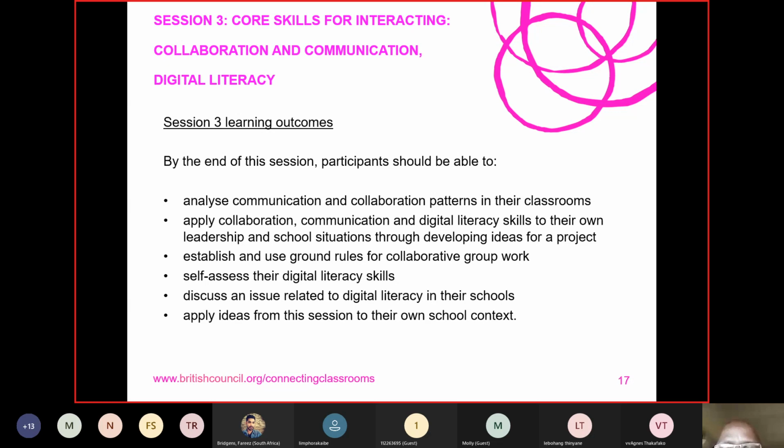And lastly, apply ideas from the session to their own school context.